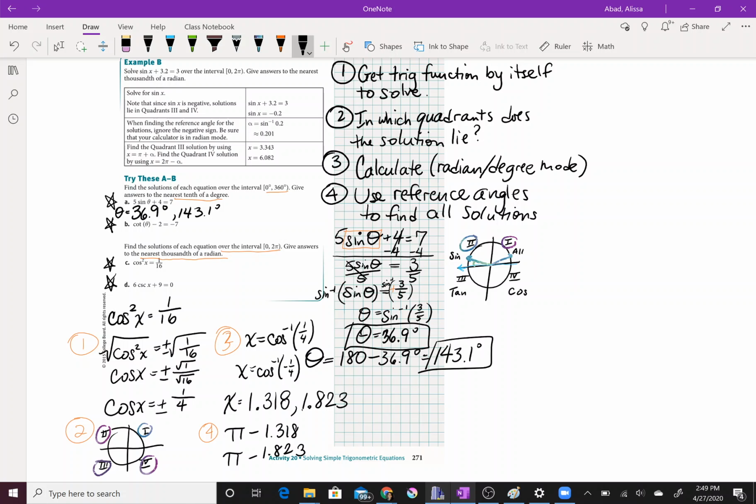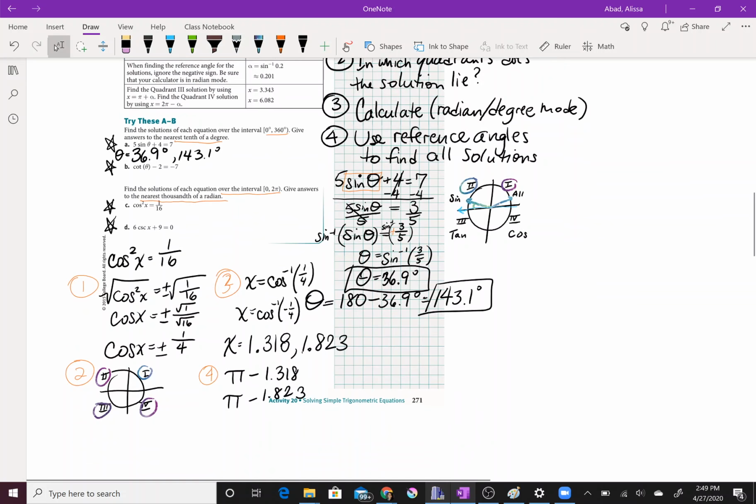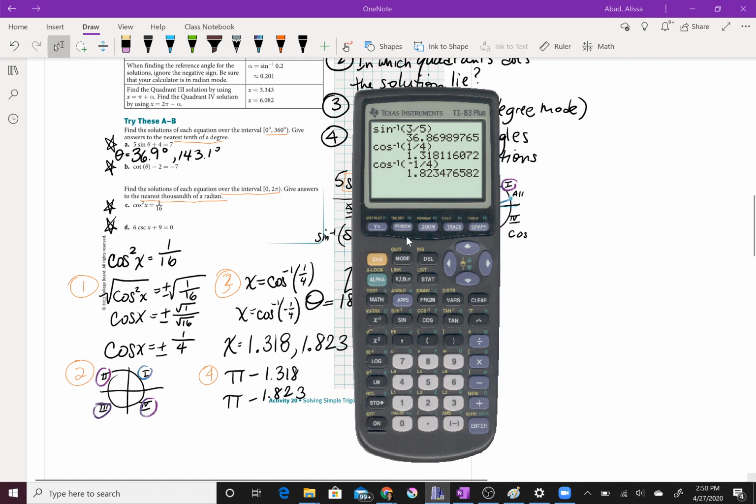Okay, so if I were to do that, let's see here. To get pi here, and then let's make sure it's still in radians. Okay, pi is over here. I'm going to subtract 1.318.